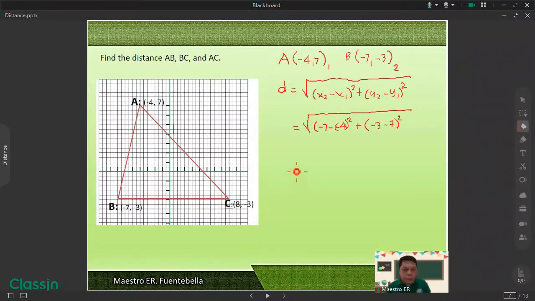So let's simplify. So equals now to the square root of, so that negative 4 becomes positive 4. So negative 7 plus 4 squared plus negative 10 squared. We add negative 3 minus positive 7.